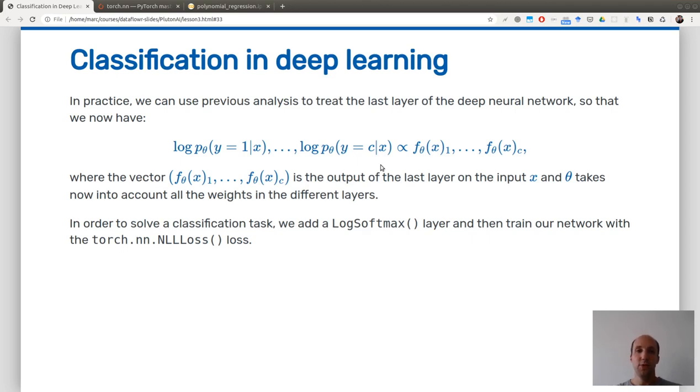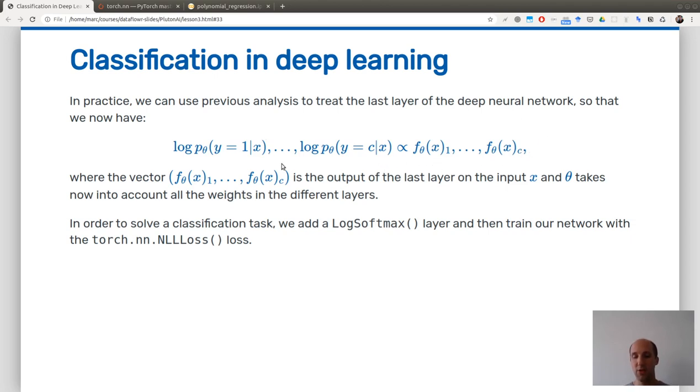Now we are moving to a deep learning framework, and we are following basically the same steps as before, but now we are not making the assumption that the model is linear anymore. Instead of this, we will assume that the model is well approximated by a neural network with various layers. This is what is written in this formula.